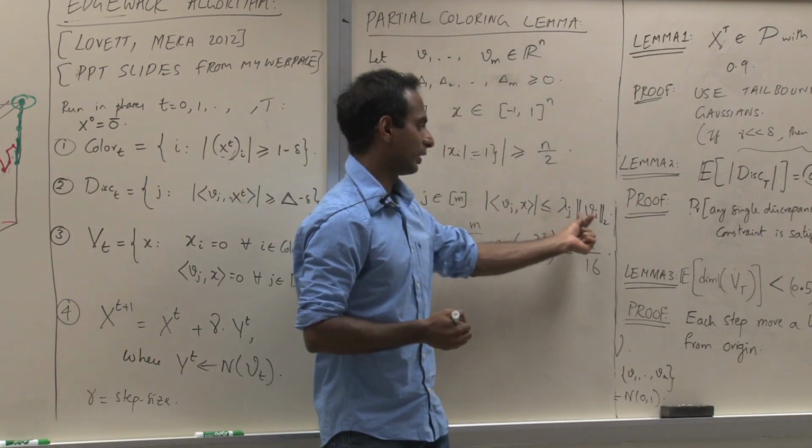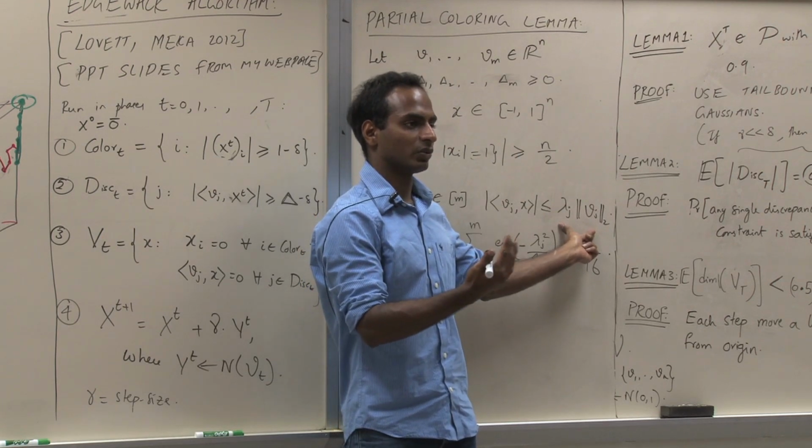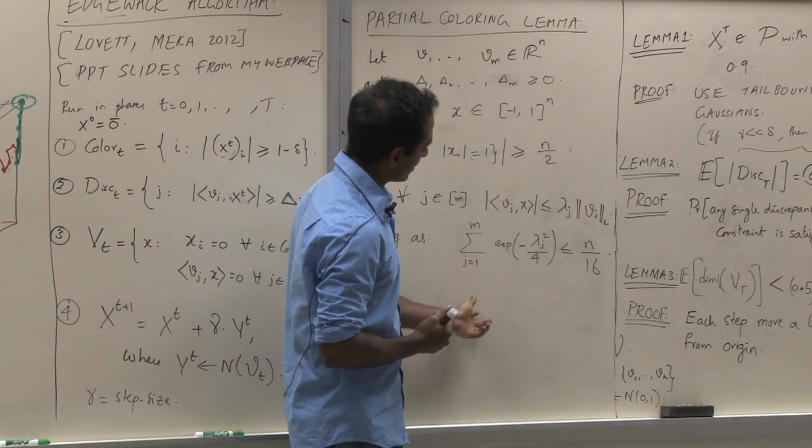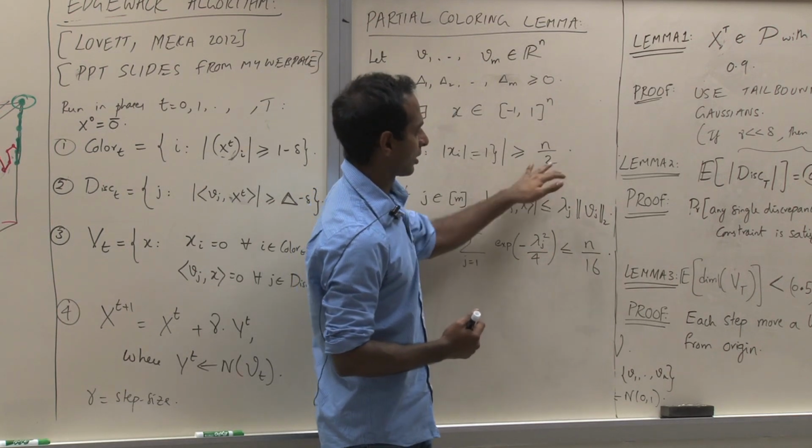You have to scale by the norm of vj, because that's how many standard deviations you are far away from. As long as you have control on the total number of standard deviations, you get a partial coloring.